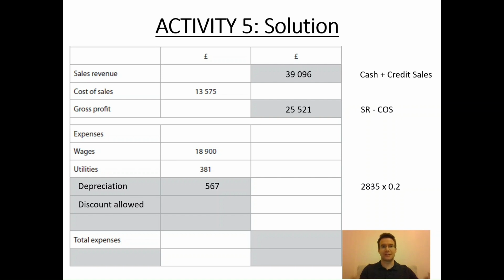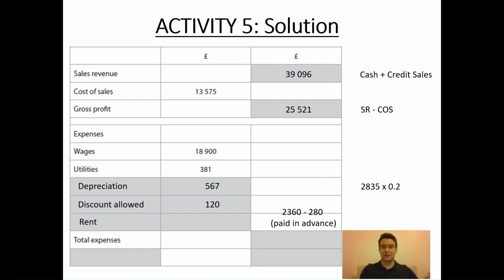The second thing we had to include within her expenses was the discount allowed. Now, this was fairly straightforward, it was given to you, but nonetheless we had to include it in the expenses figure. Rent was the third thing, and this was a bit more tricky.